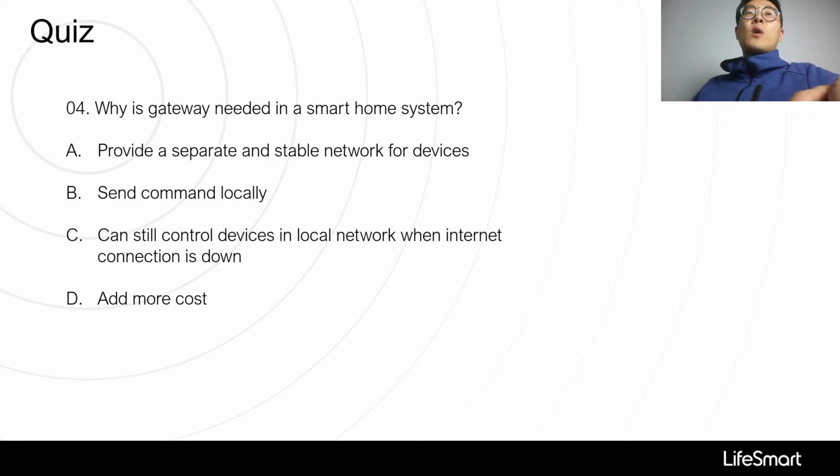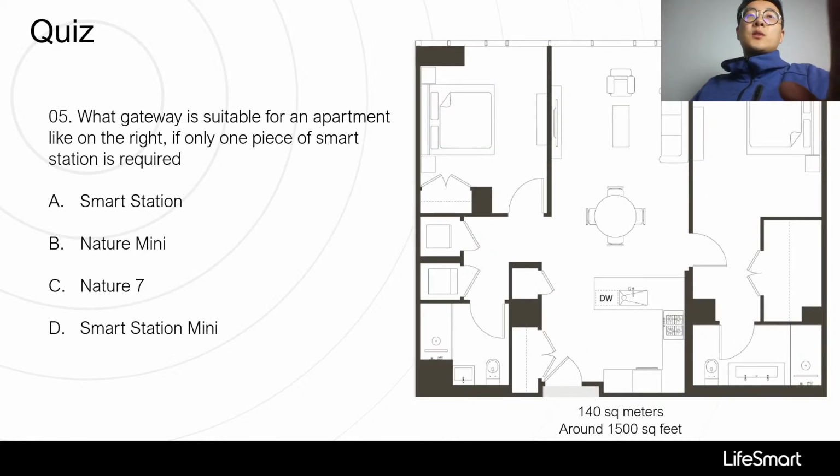The next one is, why is a gateway needed in smart home systems? And the last one, what gateway is suitable for an apartment, like on the right? If only one smart station is required, what's the best gateway in this solution?